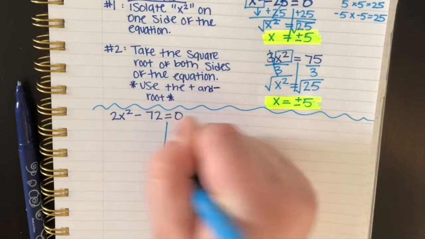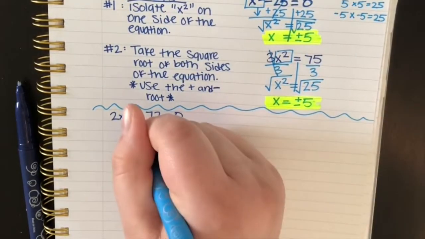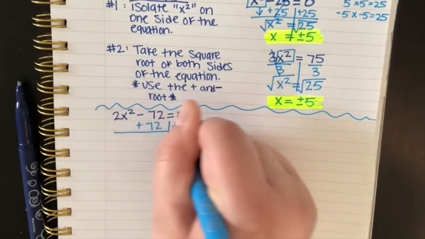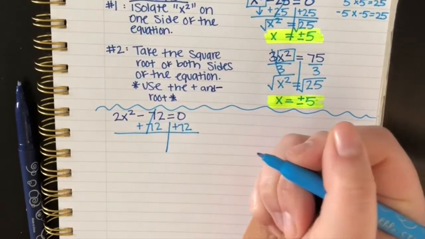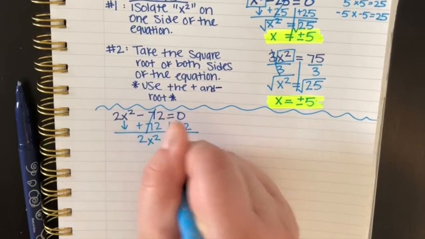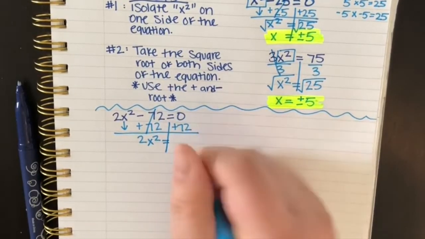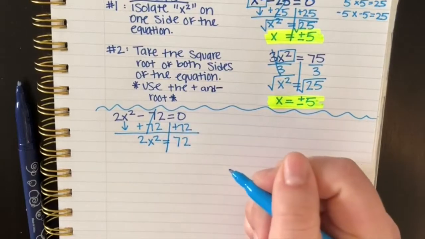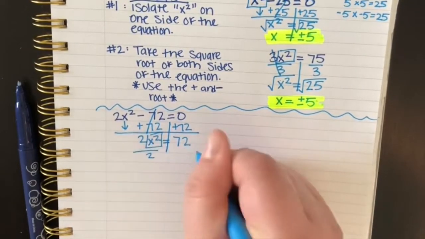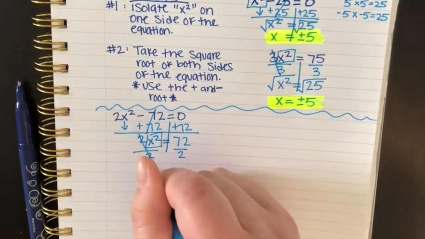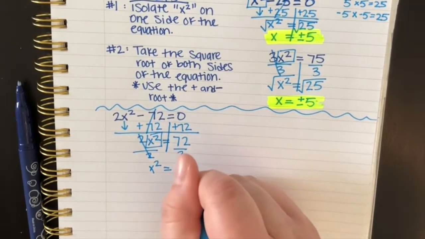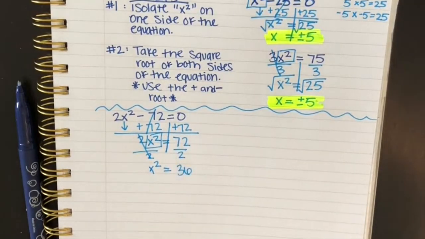So we're going to do some solving. I'll start by adding 72 to both sides. Negative 72 plus 72 cancels. I bring down the 2x squared. 0 plus 72 is 72. My last step is to divide both sides by 2. So I get x squared equals 72 divided by 2 is 36.